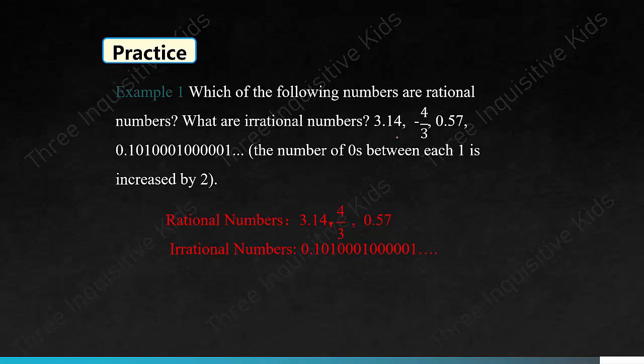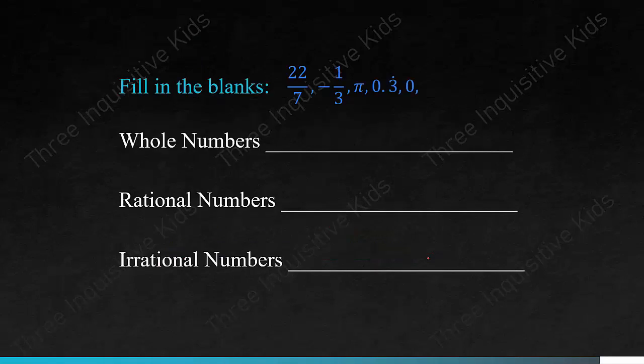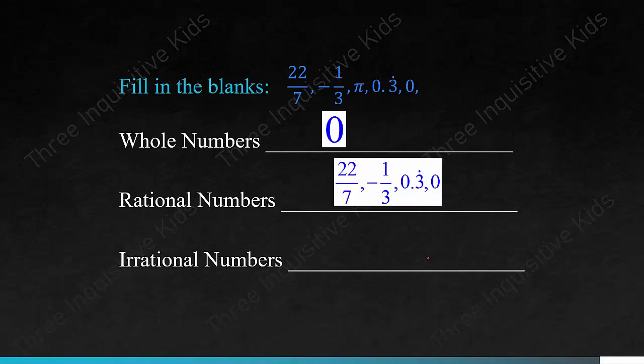It's just the regular decimal 3.14. And our irrational number is this 0.101000010000001. So from these numbers, the whole numbers would be 0. The rational numbers would be 22 over 7, negative 1/3, and 0.3 on into infinity, and 0. And the irrational numbers are just pi.